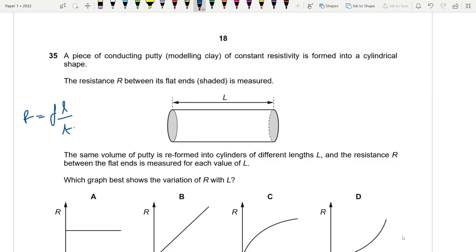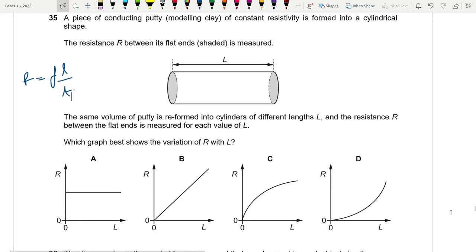The same volume of putty is reformed into cylinders of different lengths L. So they are of the same material, so rho is the same for all of them. R is proportional to L, but inversely proportional to the area.